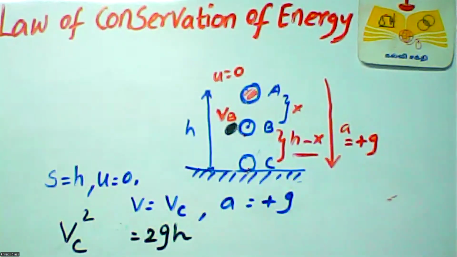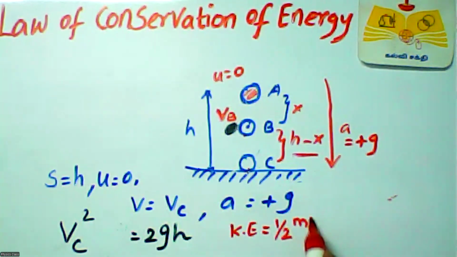Then we are going to find the kinetic energy. Already we know half mv square. So here I can label it as vc square. So vc square is nothing but 2gh.